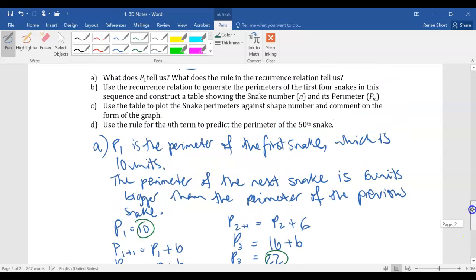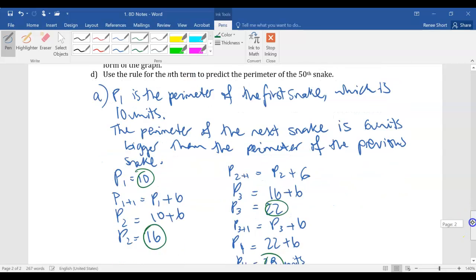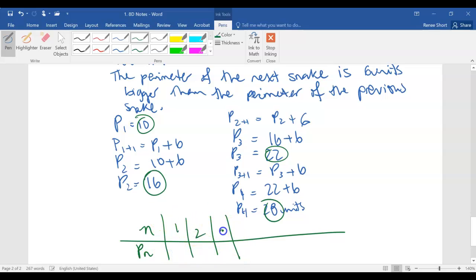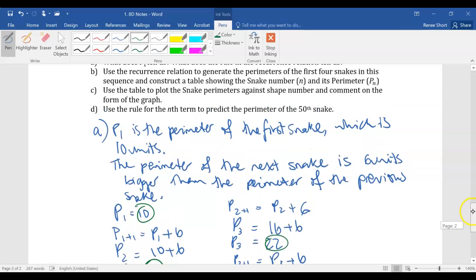Now the question here wants us to make a table showing this. So if we put this in a table, N is the snake and Pn is the perimeter. So 1, 2, 3, 4, and 10, 16, 22, 28. Those are those first 4 snakes.